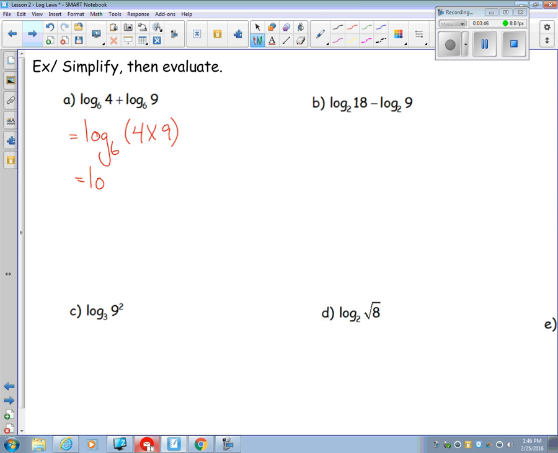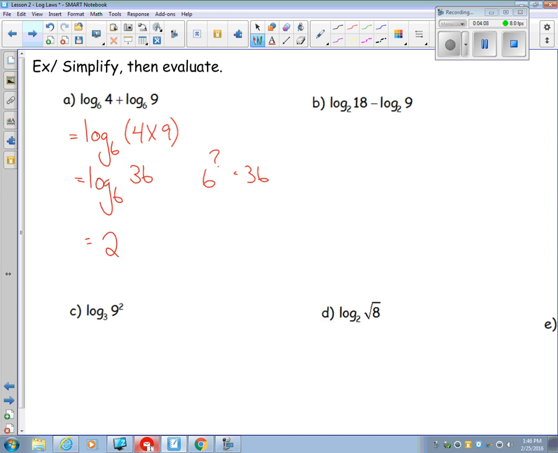And if I do that, 4 times 9 makes 36. Well, now I can think to myself, 6 to the power of what makes 36? Well, 6 to the power of 2 makes 36. So I know that that is equal to 2. And I couldn't do the parts individually, but once I put them together, I could.